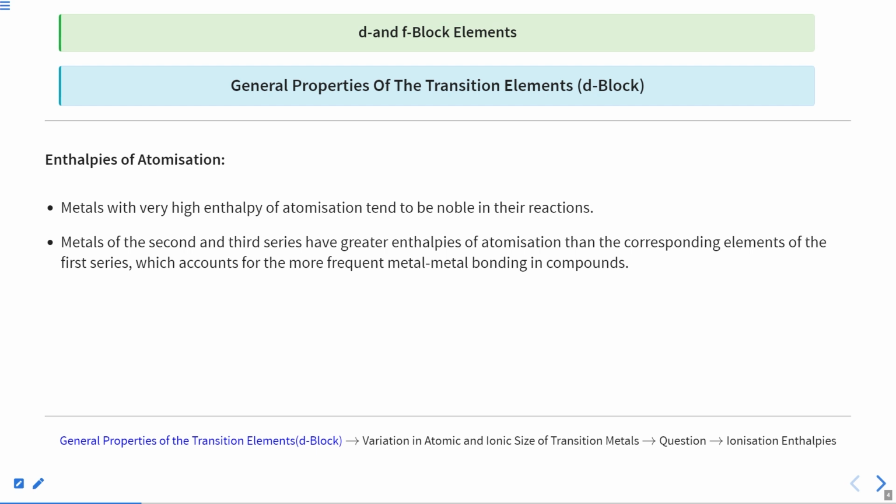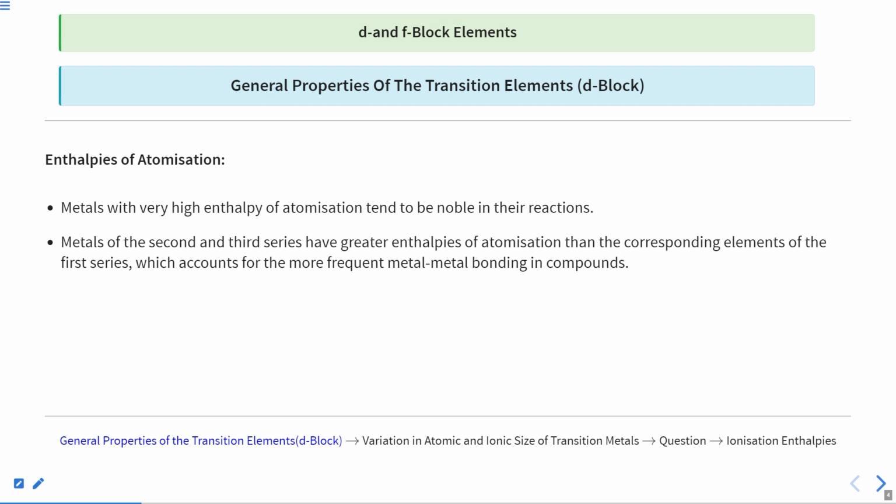Again, I am repeating: since the electrons of the second and third series are present more on the outer side as compared to the first series, it is very easy to remove electrons from their valence band and move them to the conduction band.